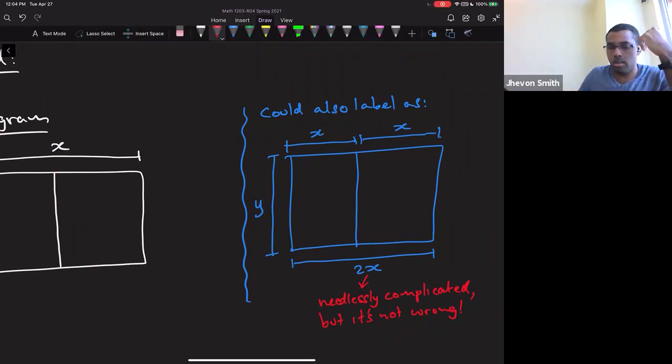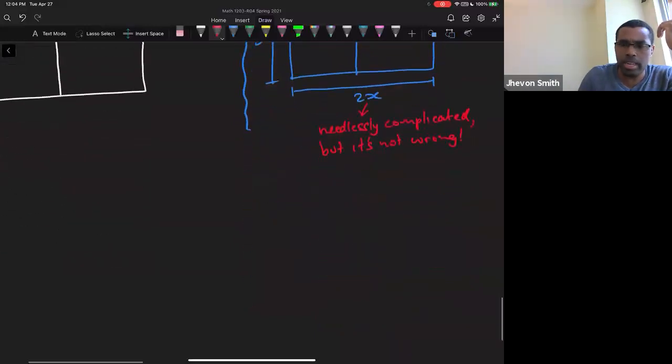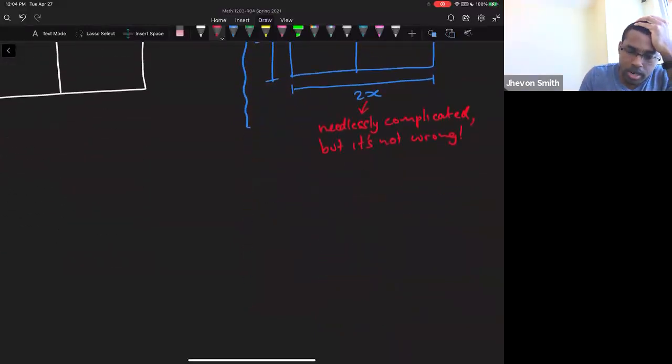Also, we don't even know if it's split in exactly a half. It's not going to matter.